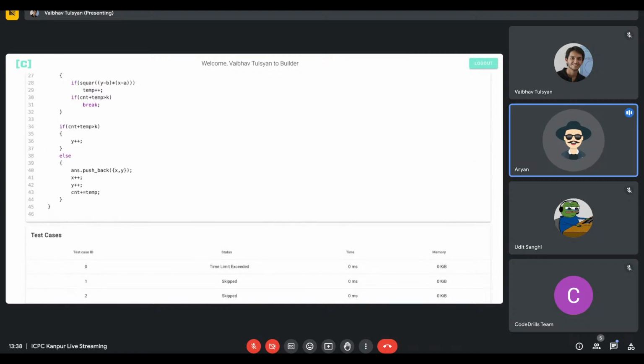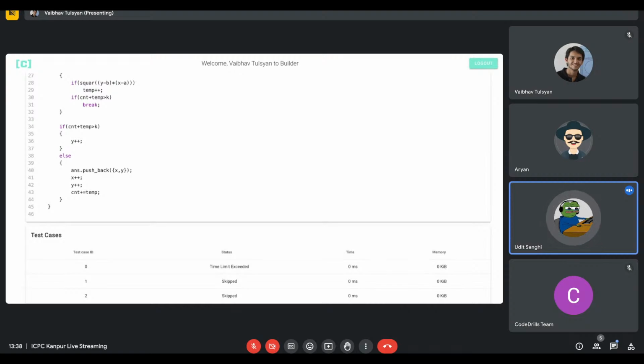And what do you think? Should Faceless Men solve the next problem? Would you recommend them to solve your problem, or do you think they should try to approach other problems? Definitely. Amongst the problems that are left, I think D is definitely the easiest one.